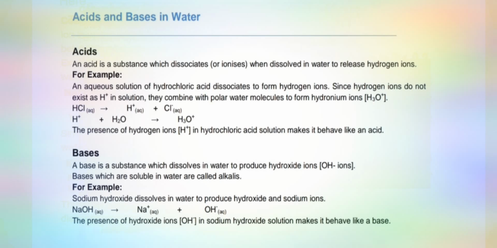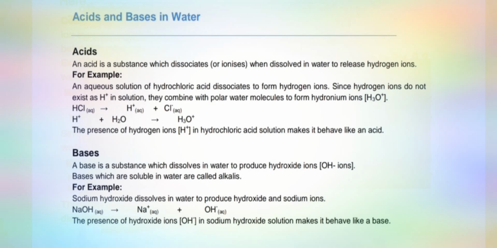For example, an aqueous solution of hydrochloric acid dissociates to form hydrogen ions. Since hydrogen ions do not exist as H plus in solution, they combine with polar water molecules to form hydronium ions. HCl gives H plus and Cl minus. This H plus, when reacting with H2O, gives H3O plus ion, hydronium ion.